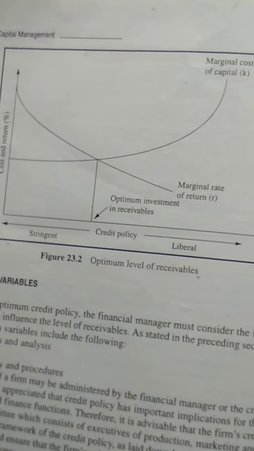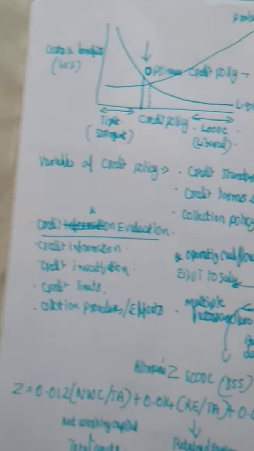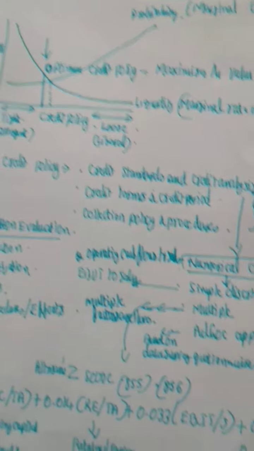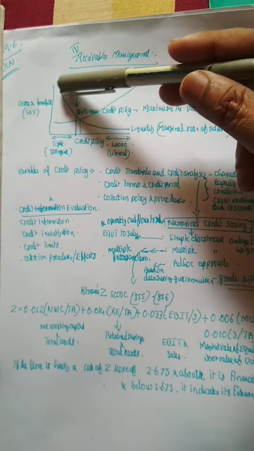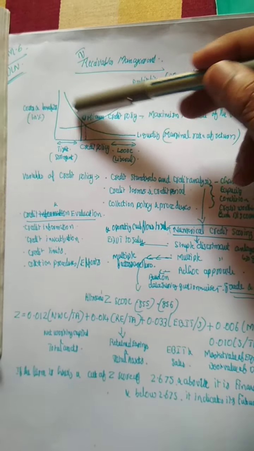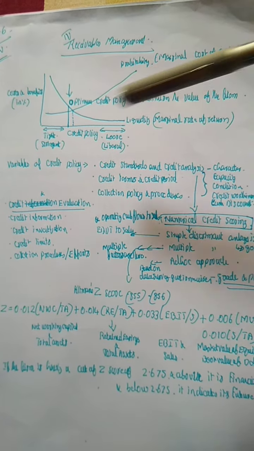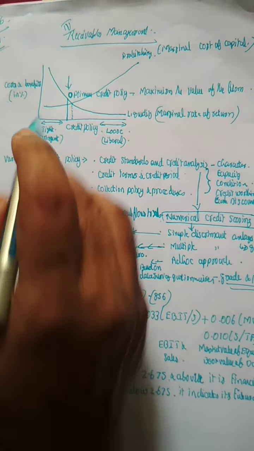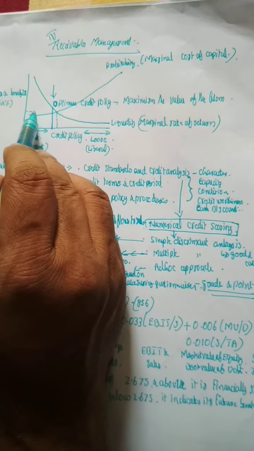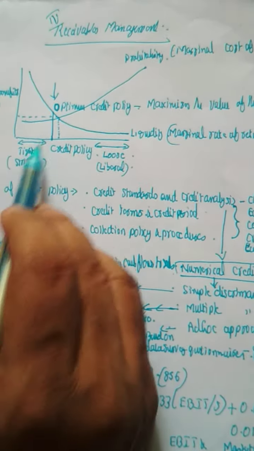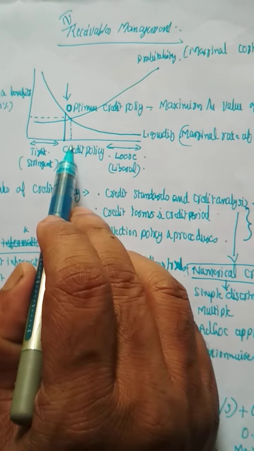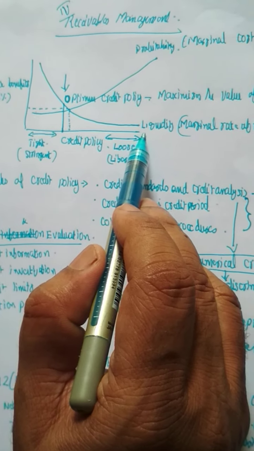I will send the photocopies of these pages now to help you understand more about receivables management. As you looked into the textbook graph, the same thing I have given here. The organization has to always check what the optimum credit policy is for the organization, whether it is a stringent credit policy or a loosened or liberal credit policy.